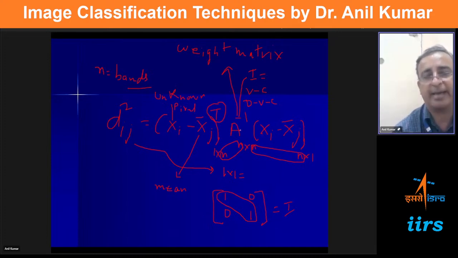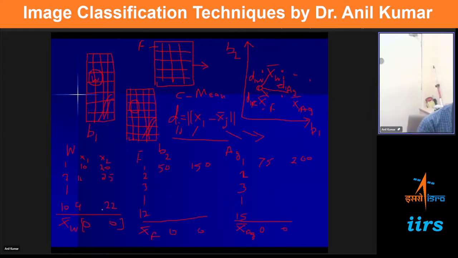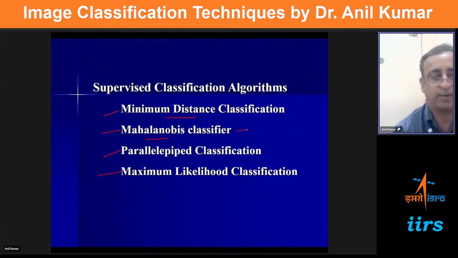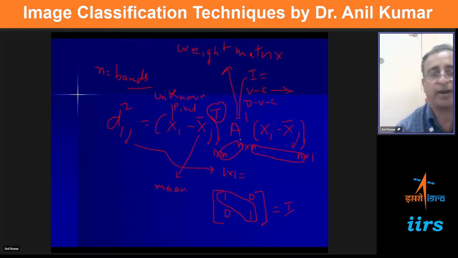But when you take A inverse as a variance covariance matrix, which you can calculate from the given training data, I can tell you the formula for it later, then it becomes the Mahalanobis classifier. That means your distance is modified.